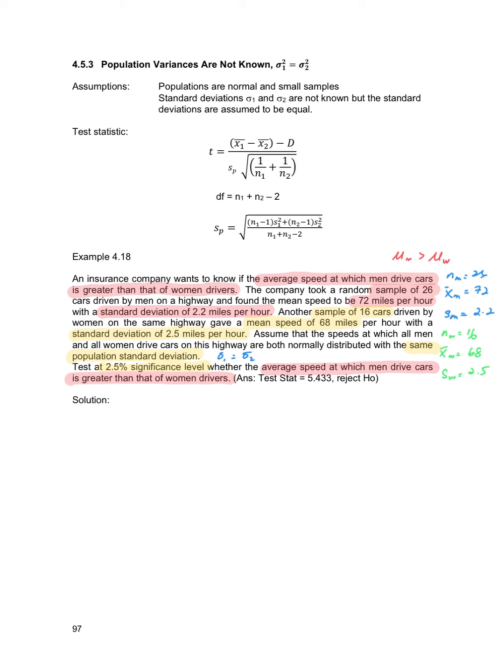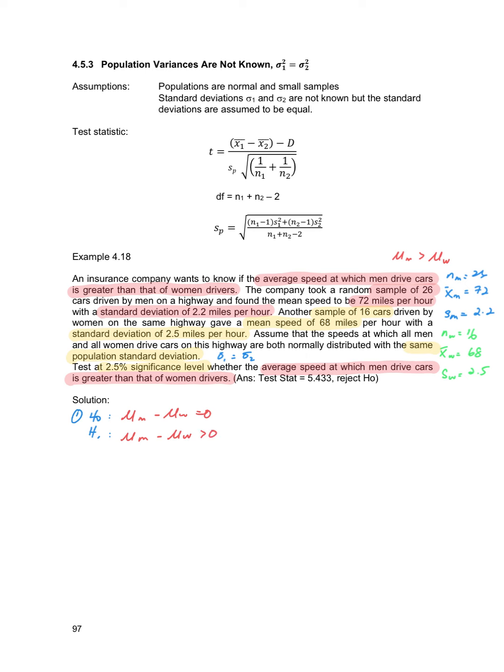So as usual, our first step is you need to construct first the H0 and H1. So kita nak buat mu untuk man driver, mu M minus mu W, woman, equals to 0, versus mu M minus mu W more than 0.